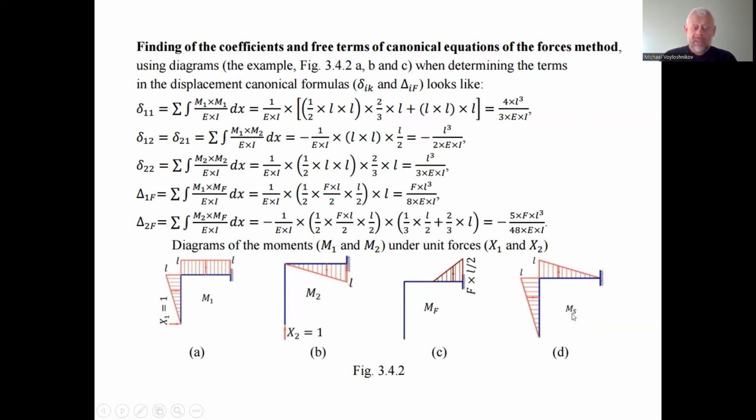We get together the diagram M with index S, which is a total of the two diagrams. And what about if the force acts in this abstract direction S?